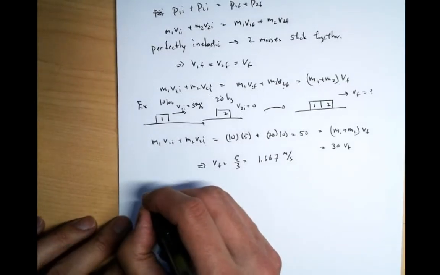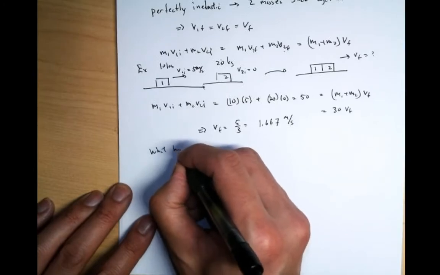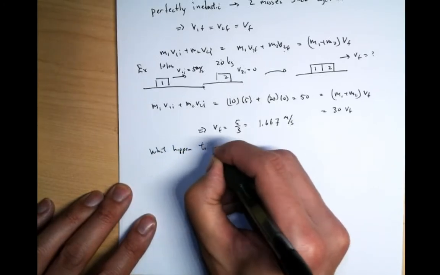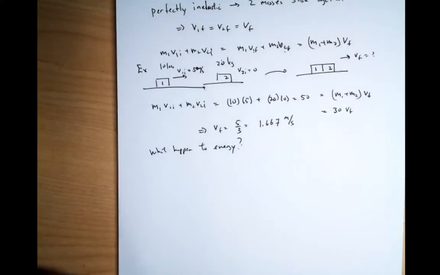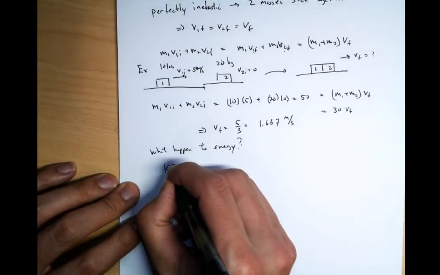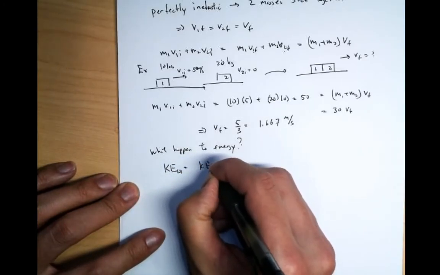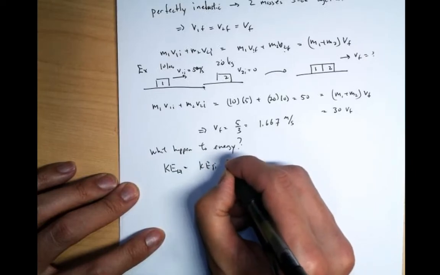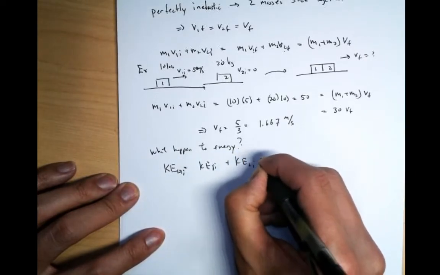So let's see what happened to energy. Okay, let's work this out. The kinetic energy of the total system is equal to KE1 initial plus KE2 initial.